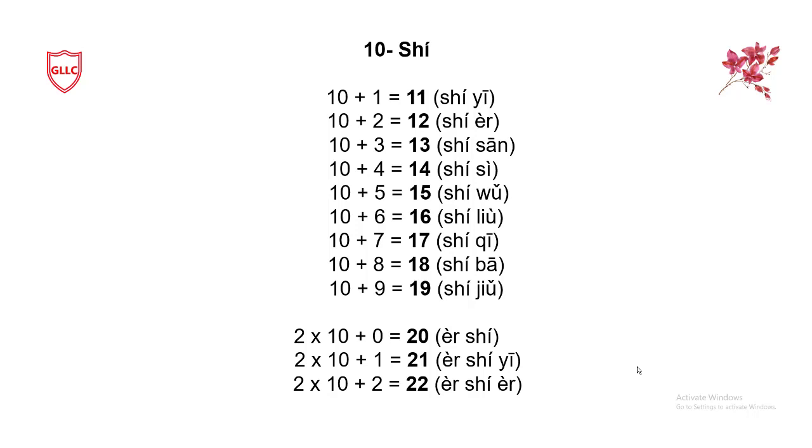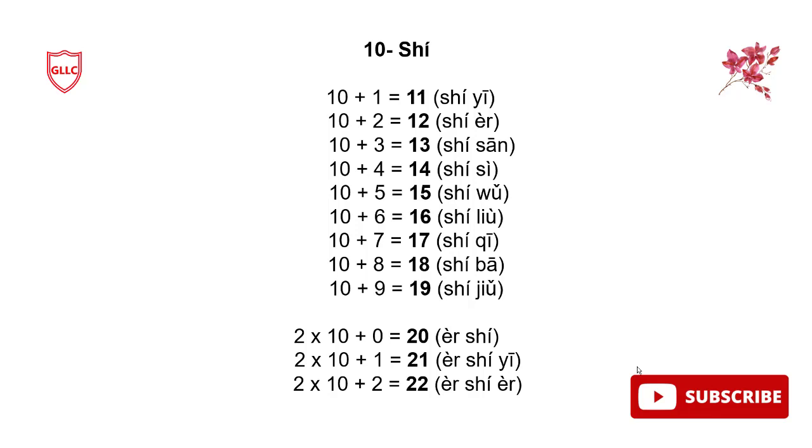So it's called 二十, 二十. It means 20. And if I say 2 times 10 plus 1, then it means 21. We pronounce it like 2 is er, 十 is 10, and 1 is yi. So 二十一. Now how to pronounce 22? 二十二. That means 22.